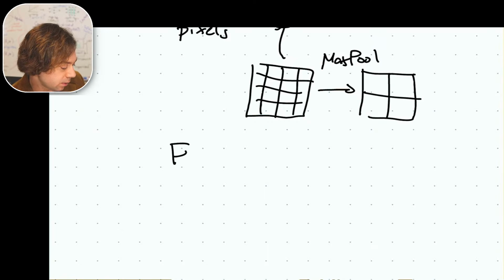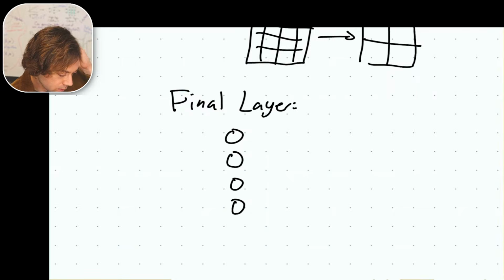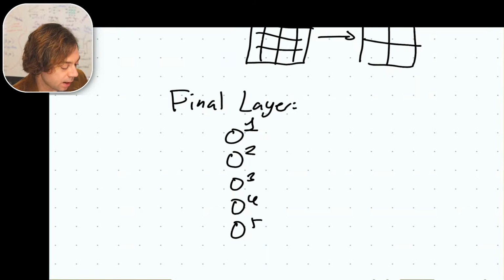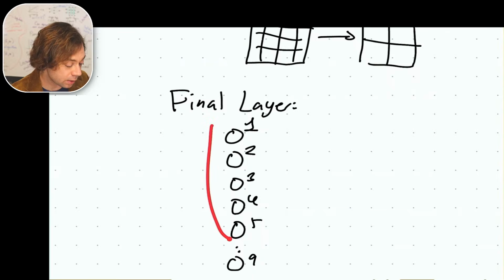So at the final layer, what we're going to want are a bunch of outputs saying, hey, this represents the number 1. This represents number 2, number 3, number 4, number 5, up to 9. And the one that is on, and all the other ones are off, or the maximum value, right?